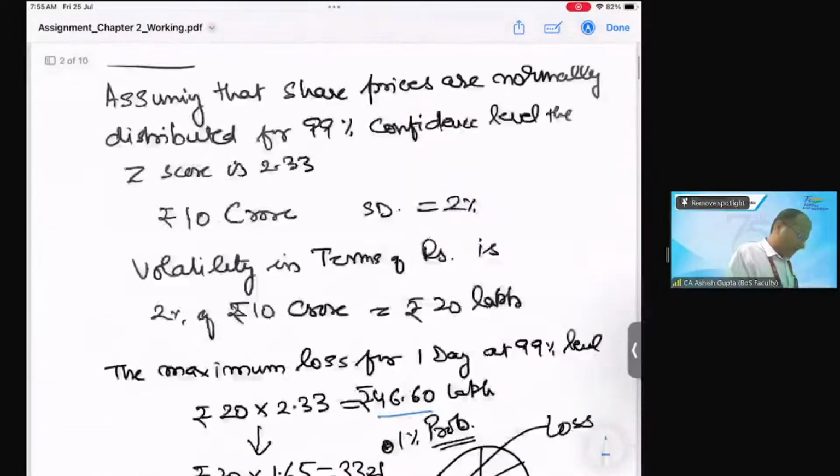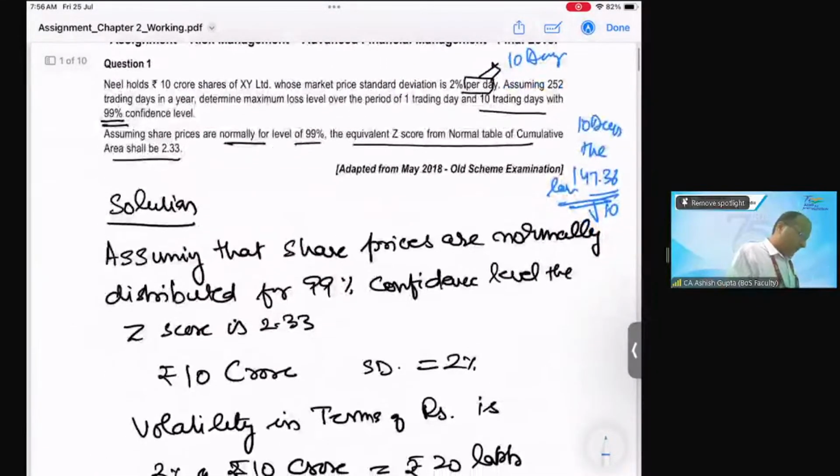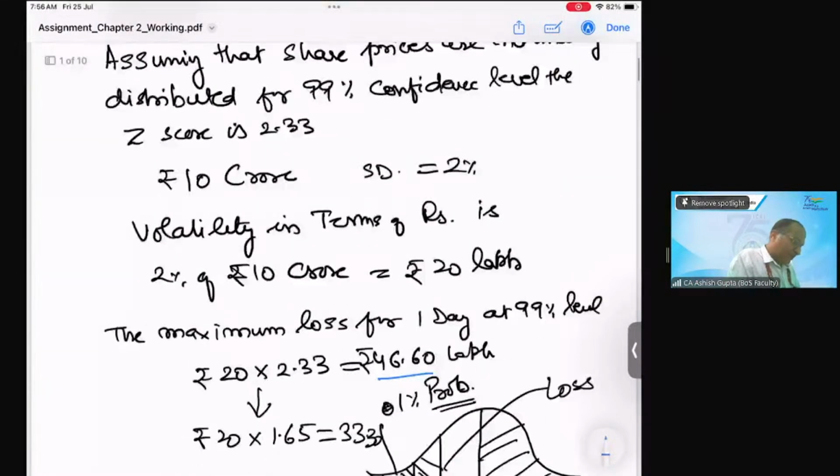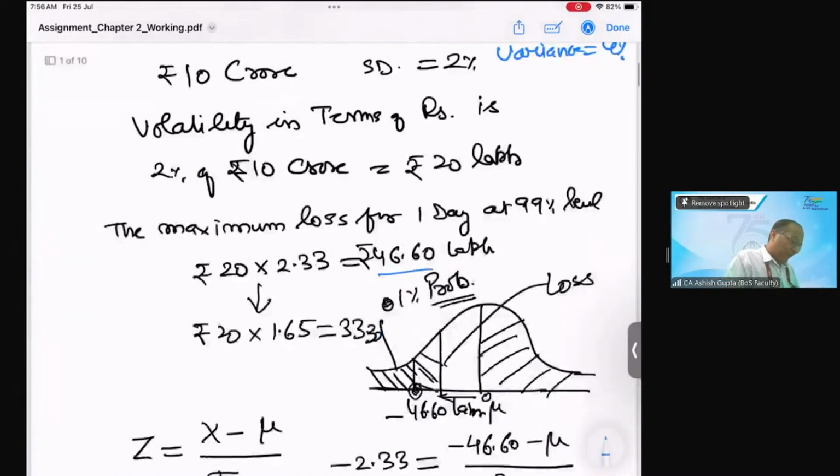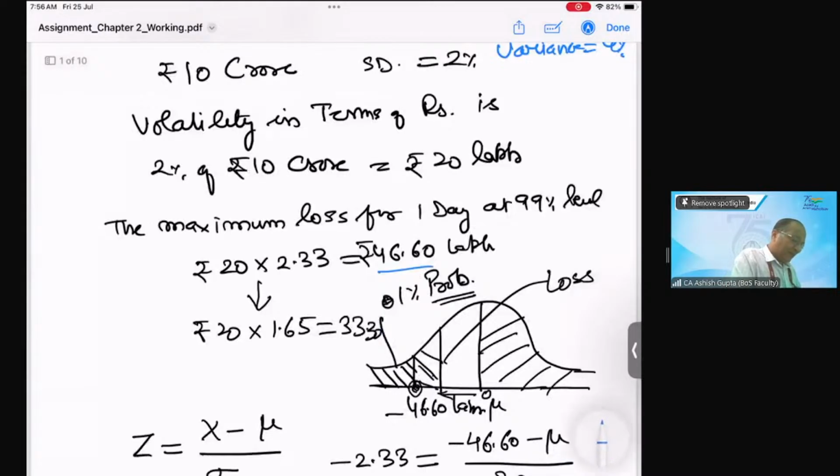So now Samanathan has suggested a very good question. If I say my variance is 4%, then correspondingly my variance will be 40 lakh.